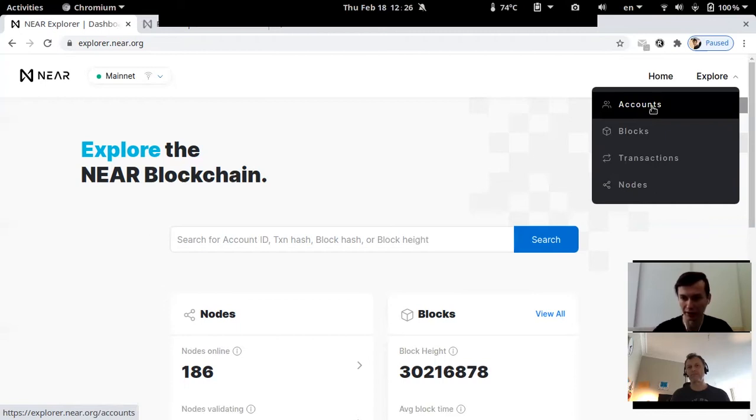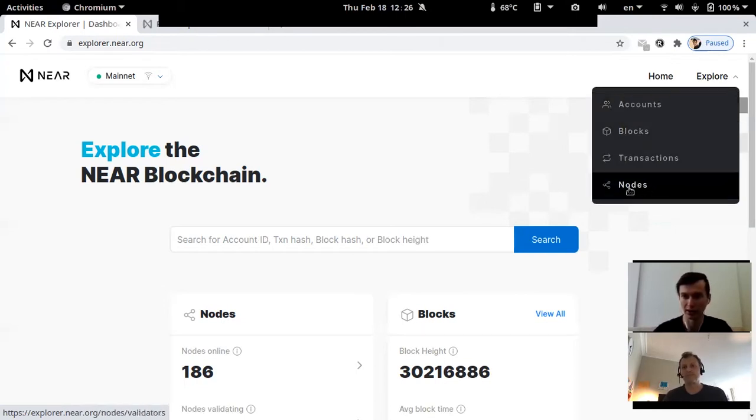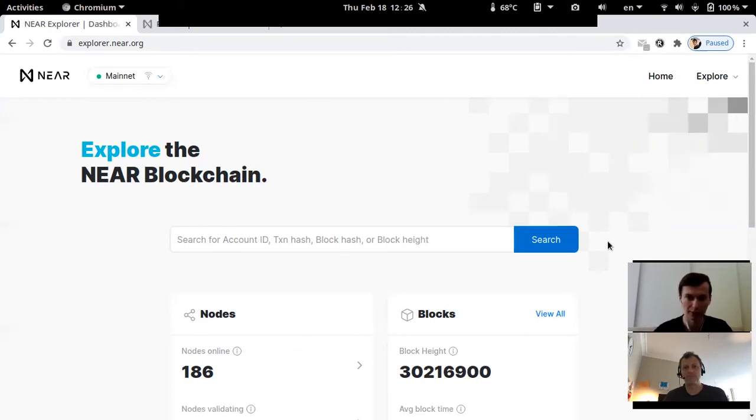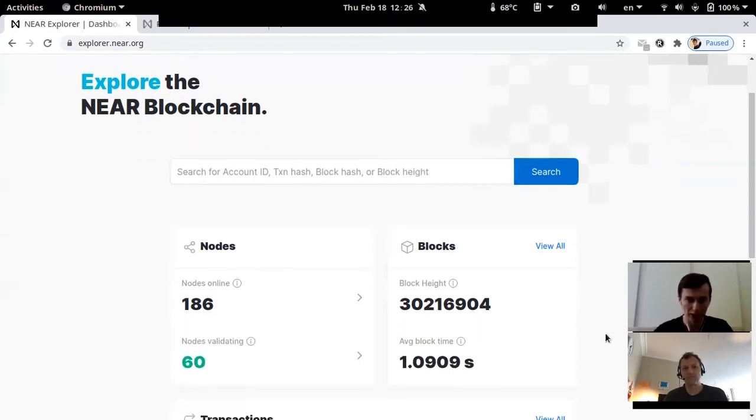Accounts is an aggregate about what accounts are currently active or deleted, and nodes is the page where you would navigate and see more about the network itself, about the archival nodes, validating nodes, and other types of services that are also in the peer-to-peer network of Near.